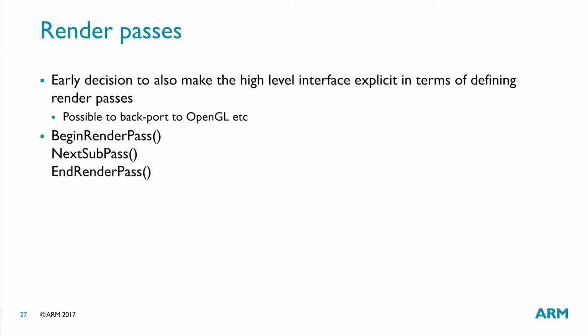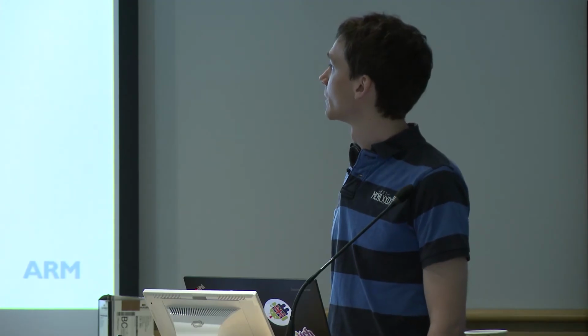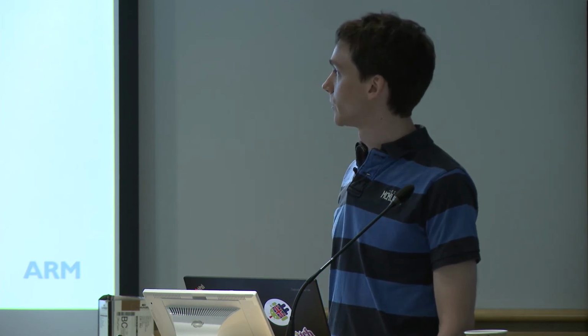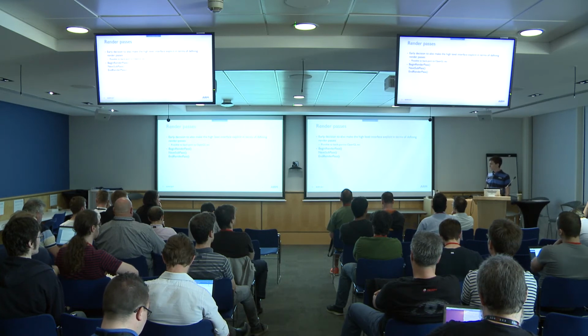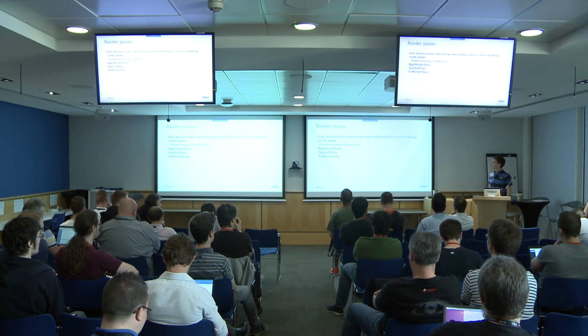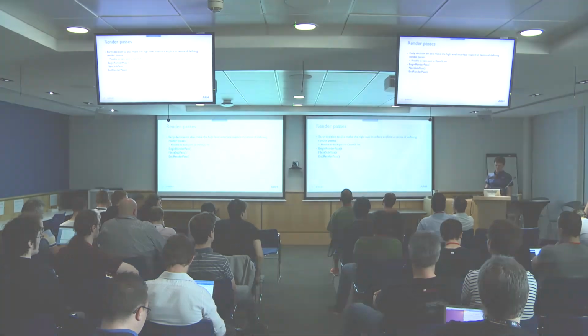So to make this work in our engine, we decided very early on to make all the rendering very explicit. So we have explicit commands to do begin render pass, next render pass, and end render pass. Doing this, it was also quite easy to backport to OpenGL, because we still want to support OpenGL, at least for comparison purposes in our engine.